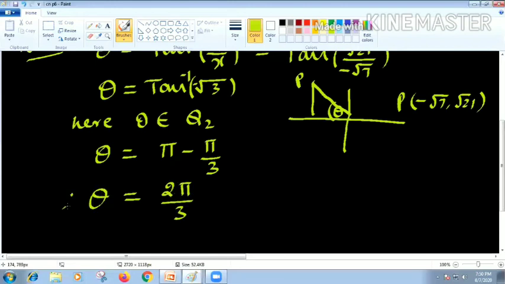It is nothing but 120 degrees. In the second quadrant, the tan is negative. So tan 2 pi by 3 is minus root 3, tan 120 degrees is minus root 3. So this is the angle.